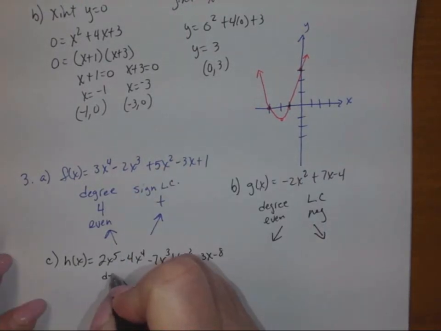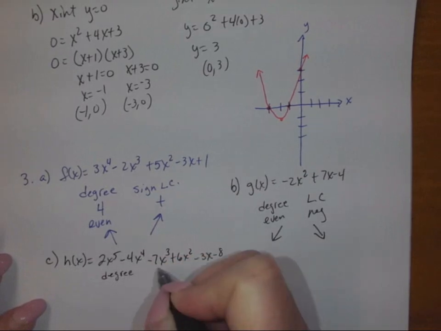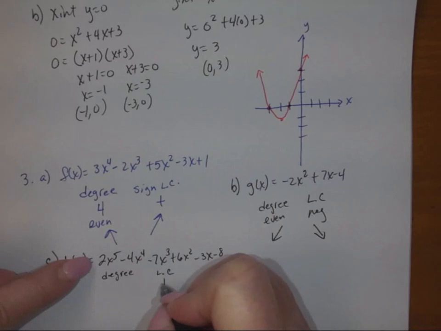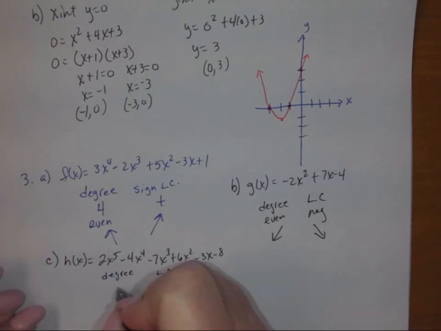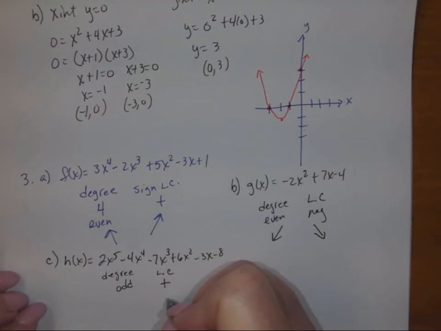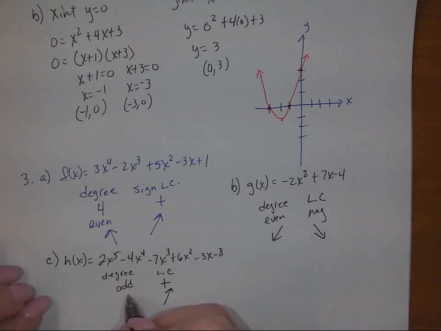So again, we're looking for the degree and the leading coefficient. In this case, our leading coefficient is positive, but our degree is odd. Our degree of 5 is odd. So positive tells me it rises up to the right side, but with odd, it's going to go the opposite direction, so it will go that way.